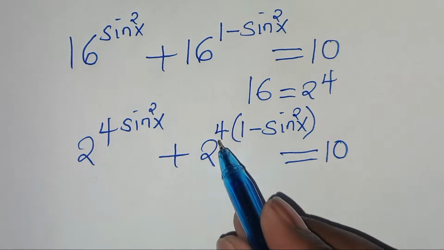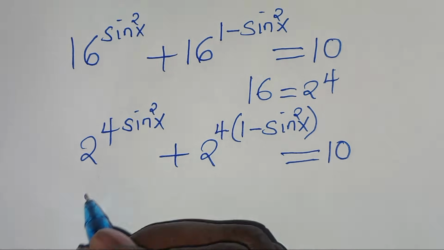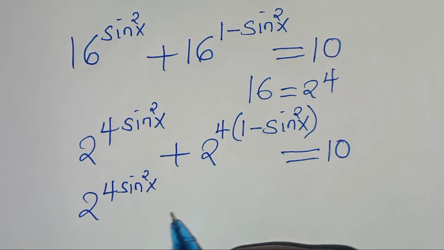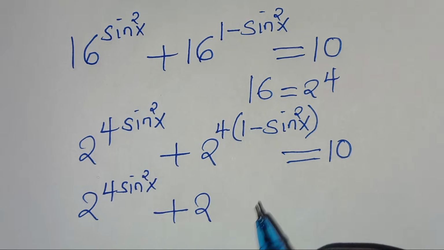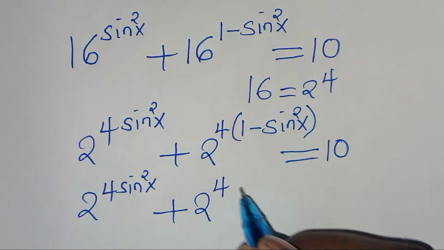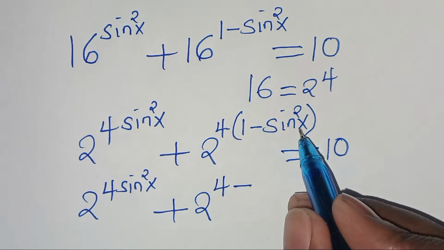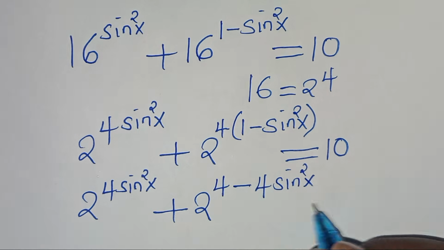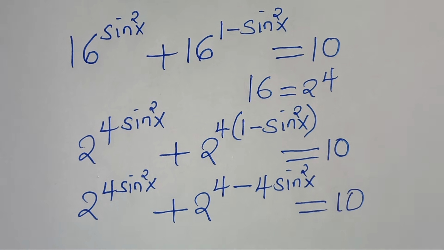Now, let's open the parentheses so that we have 2 to the power of 4 sine squared x plus 2 raised to the power of 4 times 1, this is 4, minus 4 times sine squared x, this is 4 sine squared x, this is equal to 10.